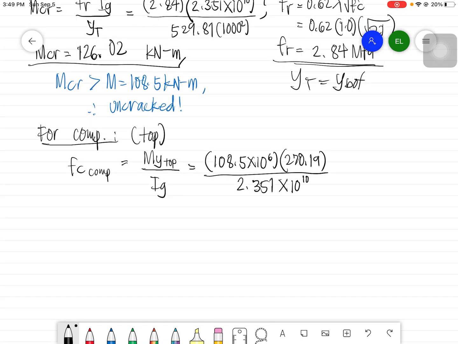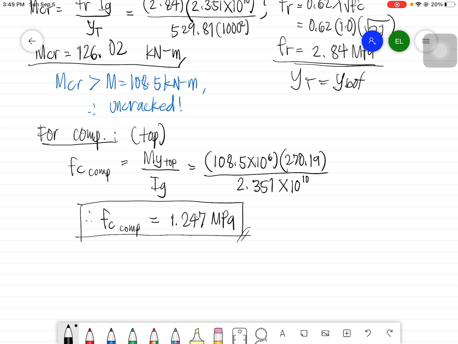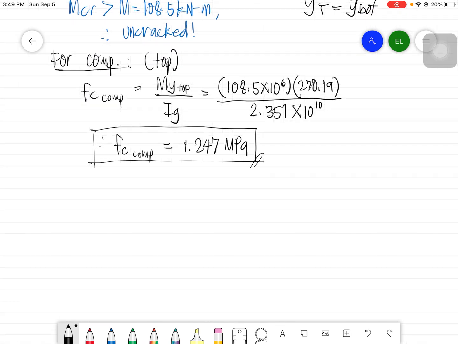Therefore our stress at the compression fiber is equal to 1.247 MPa. That is for the compression side.